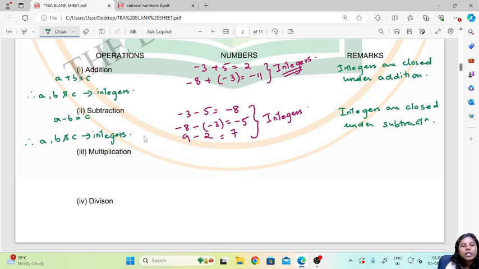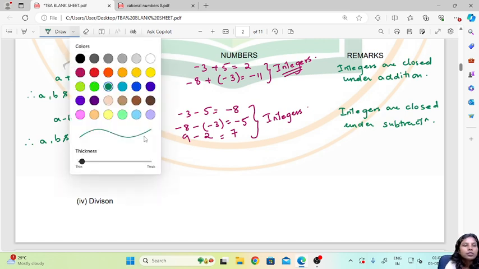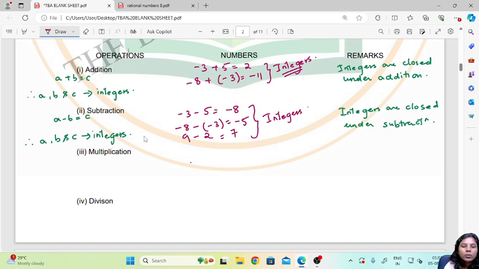Now let's look at the multiplication part of it. Say I have 3 into -5. This will give me -15. Say I have -9 into -2. This will become 9 2s are 18; minus into minus becomes plus. So in this case also we are getting integers, correct?